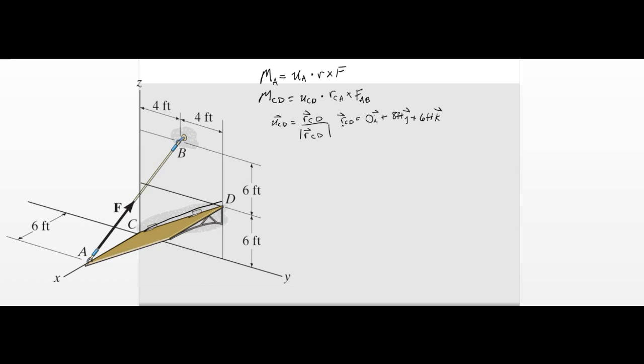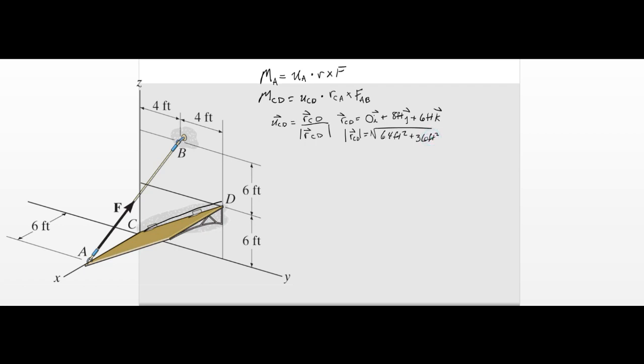All right. So this is RCD. Calculating the magnitude of RCD is equal to the square root of 8 squared, 64 feet squared, plus 6 squared, 36 feet squared.